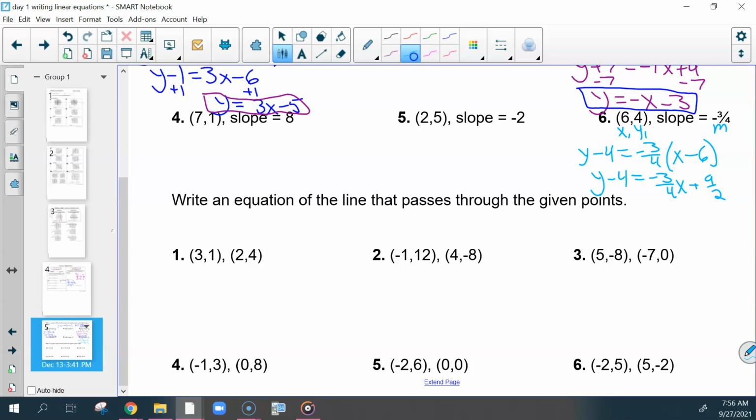So I multiplied and simplified to get 9/2. Negative 3 to negative 6, and then 4 to 1, and then divide.